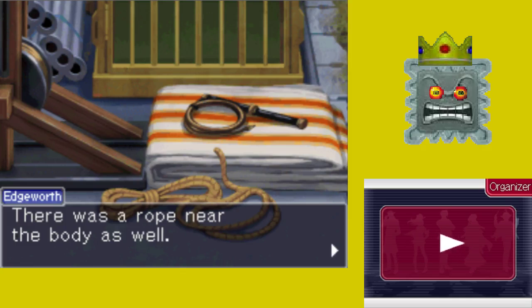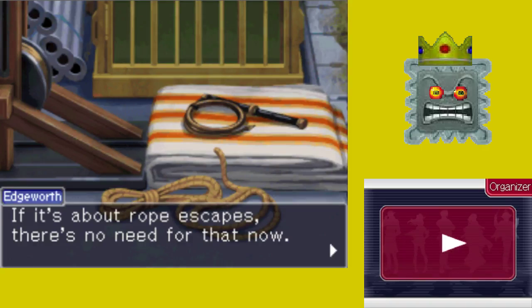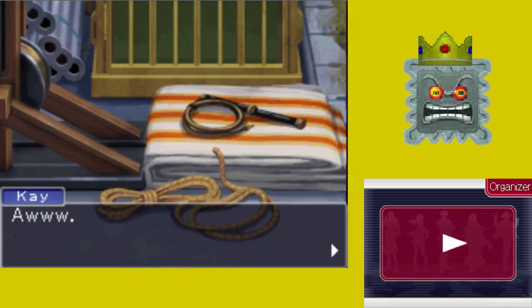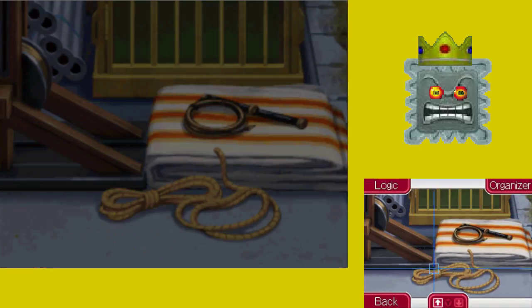Actually, no, he would not be worthy of Sister. Only the select few are worthy of Sister. There was a rope near the body as well. By the way, my special dad. If it's about rope escapes, there's no need to know for now. Does she want to show it off that badly?